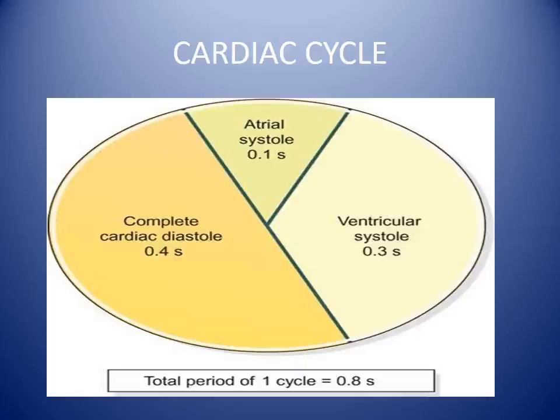The cardiac cycle lasts about 0.8 seconds, and blood flows through the chambers of the heart in a specific direction. There are three phases: atrial systole, ventricular systole, and ventricular diastole.